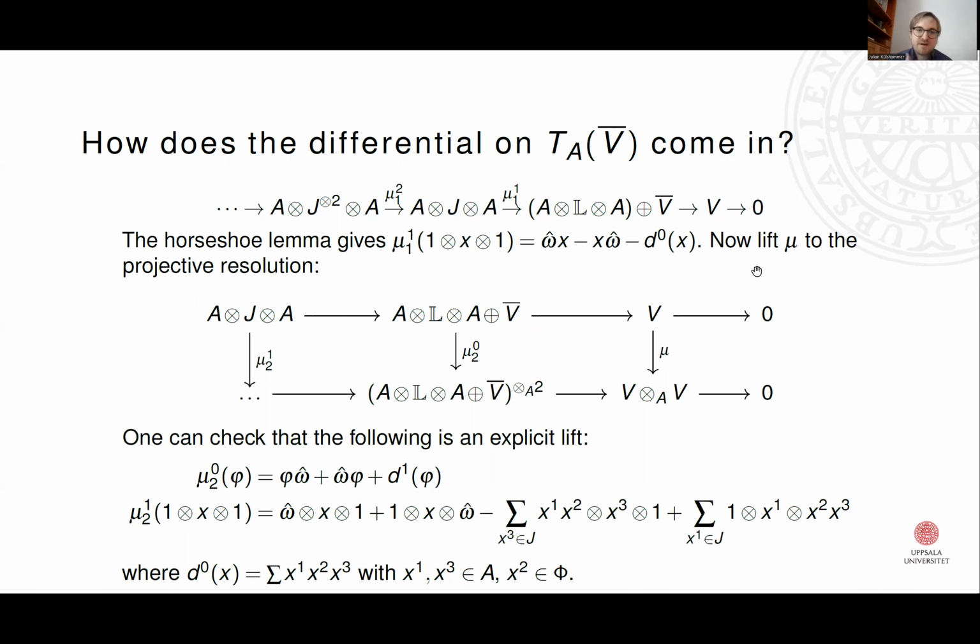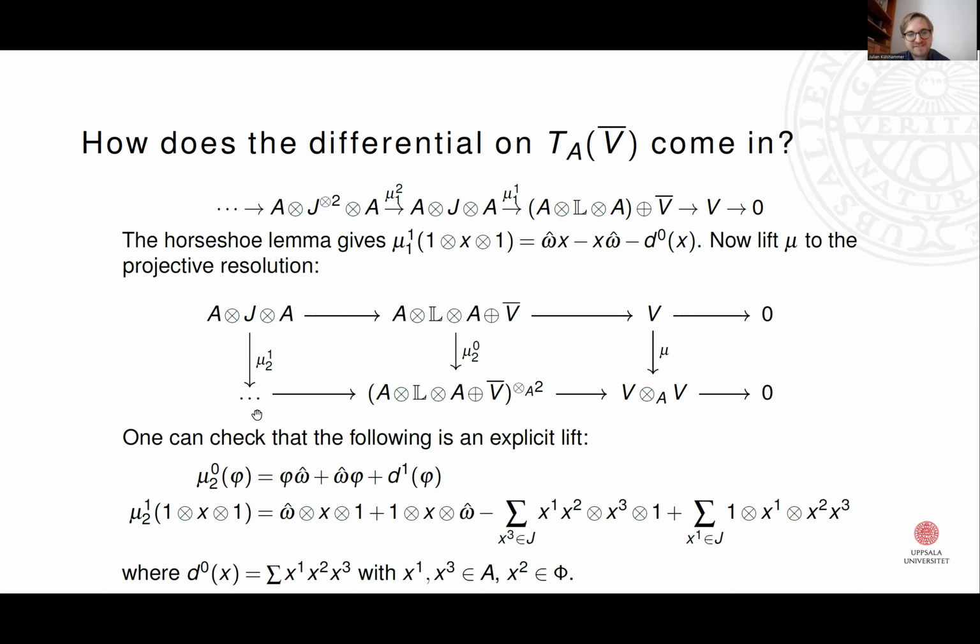Now the next step, after we have analyzed mu1, is to understand also mu2, mu3, and so on. So how do you define mu2, the second higher co-multiplication? You have the mu, which is the co-multiplication on the co-ring V, a map from V to V tensor V. Now V has this explicit projective resolution, and V tensor V also has the tensor product of this projective resolution with itself.